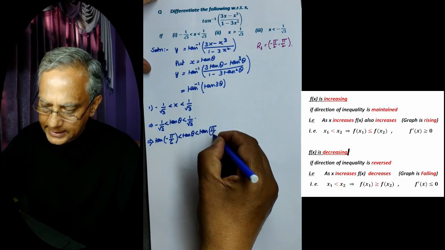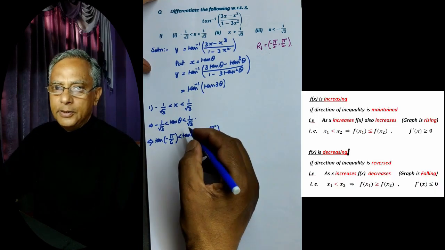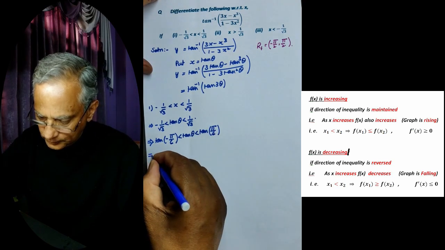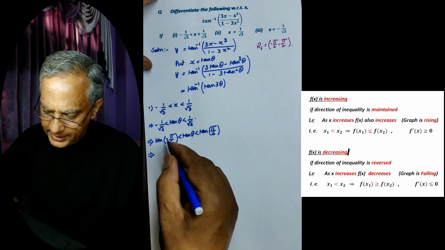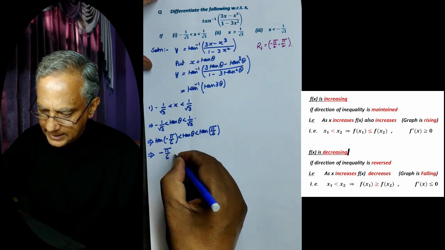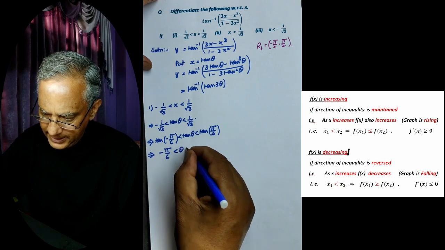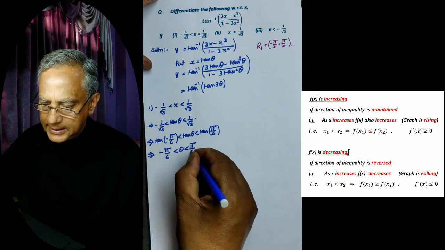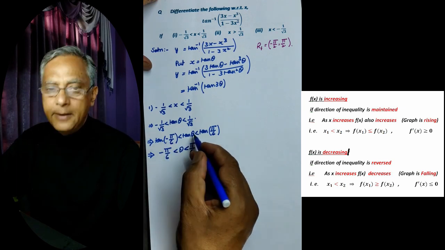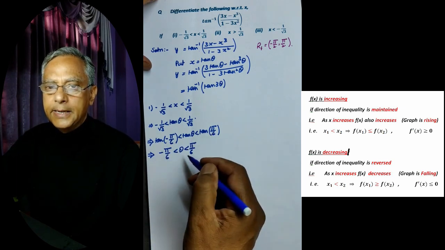Tangent of 30 degrees is 1 by root 3. And this implies, tangent is a monotonically increasing function. Therefore we will have minus pi by 6 is less than theta is less than pi by 6. The direction of the inequality will be maintained for monotonically increasing functions.